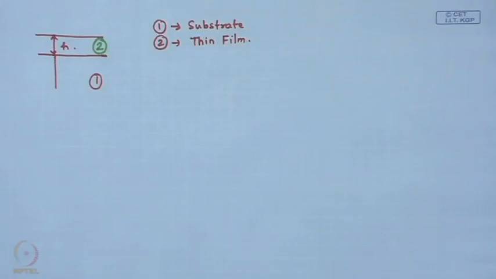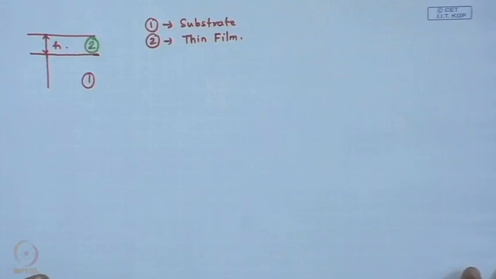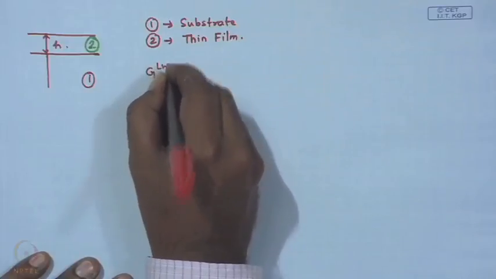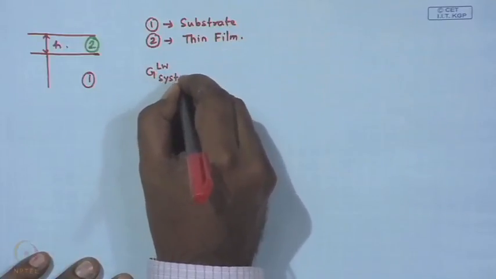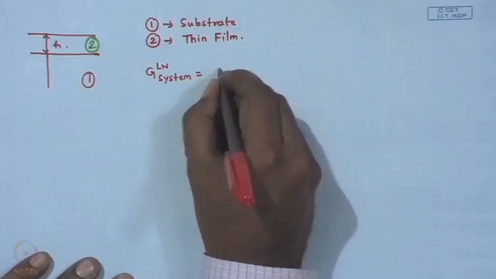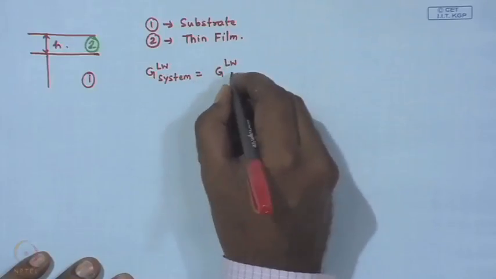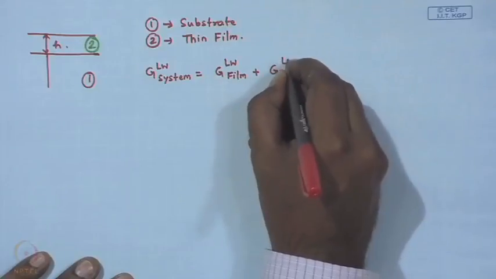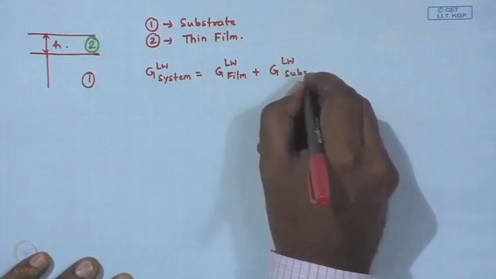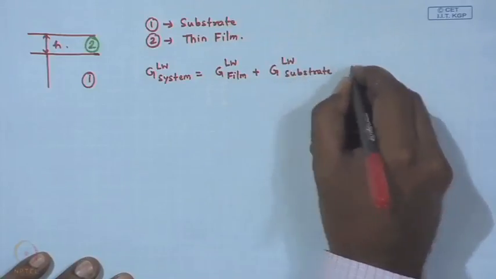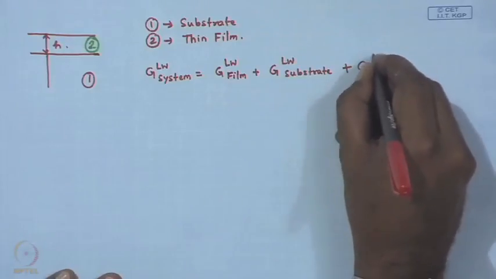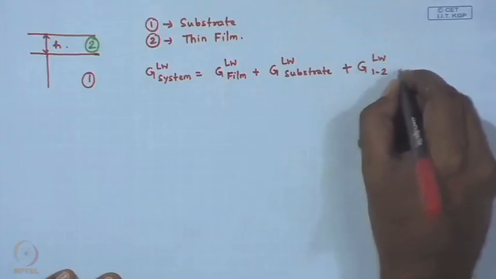Okay. So, in this case, if you look at the GLW of the system, what you get is GLW of the film plus GLW of the substrate plus GLW of the interface.